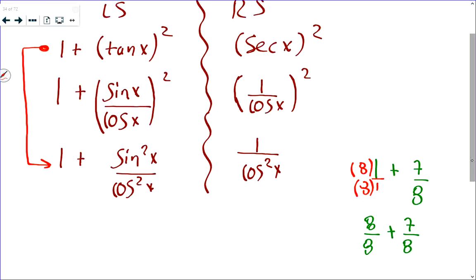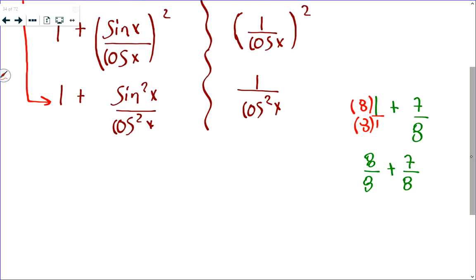So let's do that with the number 1. 1 is 1 over 1. If I want to turn it into something over cos squared, then I have to multiply the top and the bottom by cos squared. I'm putting them with the same denominator so I can add them together.